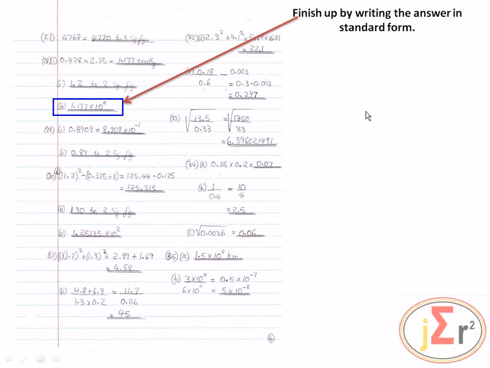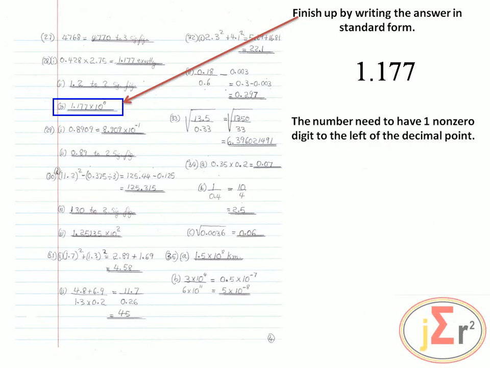Finish up by writing the answer in standard form. .177, and we need to write that in standard form. The number needs to have 1 non-zero digit to the left of the decimal point.